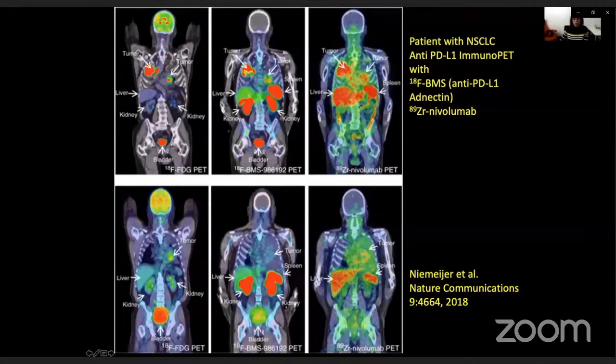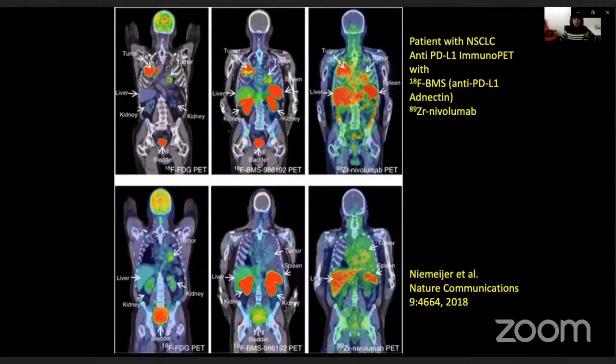And on the other side, it's the same patient, this time after injection of zirconium-89 labeled nivolumab. So again, this is PD-1 imaging. PD-1 imaging shows again an enhanced uptake in the tumor, but it's not as high as with this adnectin tracer. And also in the left tumor, you have an uptake, but it is not really high.